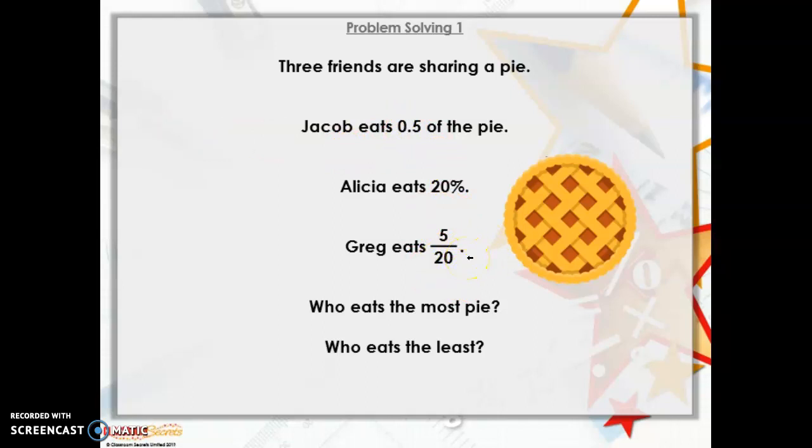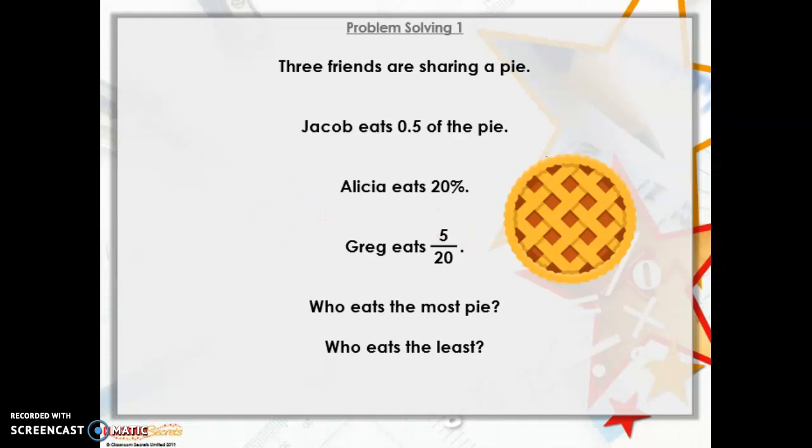So for example, change all of them to decimals, all of them to percentages, or all of them to fractions. It doesn't matter which one you choose, but you can only compare them if you have the same amount for each. Okay, so pause the video and see if you can convert them into whichever ones you want to.